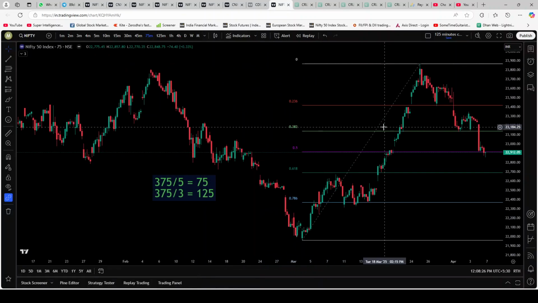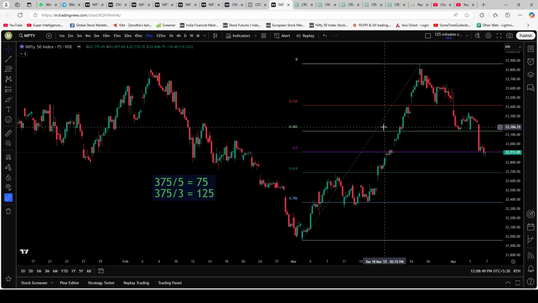And 75 minutes 5 candles is a perfect division, and 125 minutes 3 candles is a perfect division for especially our Indian indices that work for 375 minutes every day, or 6 hours and 15 minutes is one and the same thing. 6 hours and 15 minutes is equal to 375 minutes.